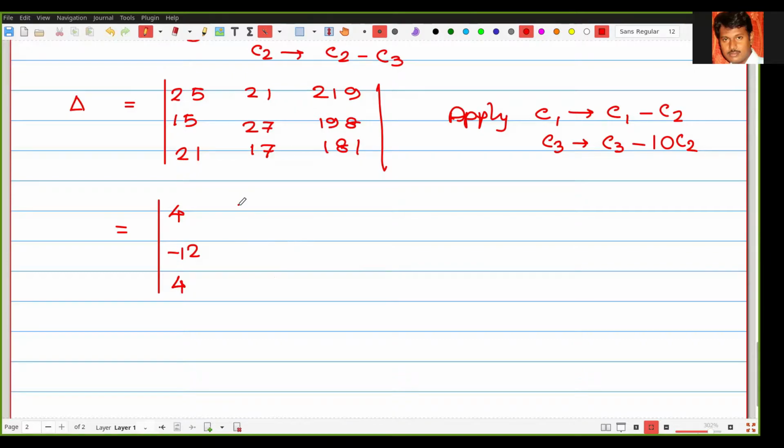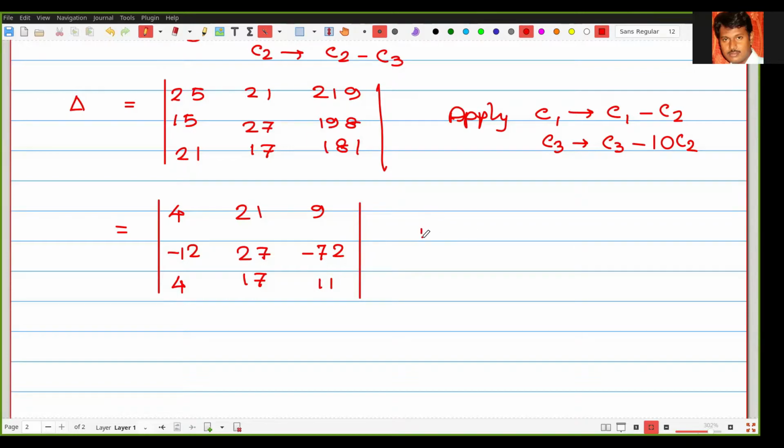The second column remains the same, so we are keeping it aside. Then the third column: 219 minus 210, so that is 9; 198 minus 270, so that is minus 72; 181 minus 170, so that one is 11.